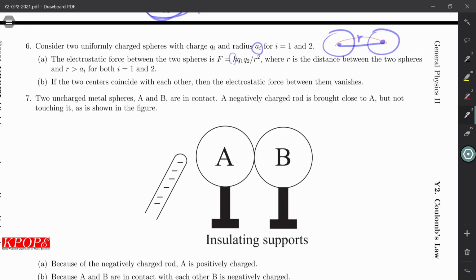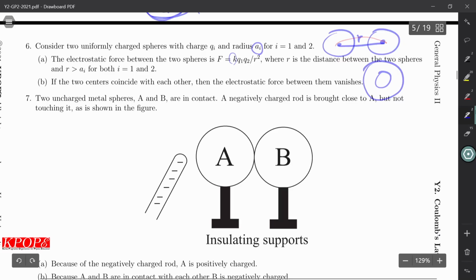Yes. With spherical charge distributions, according to shell theorem 2, they do not feel the electrostatic force together. With spherical symmetry, it is impossible to have an electrostatic force between them.